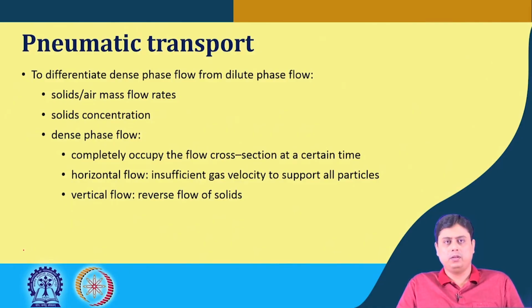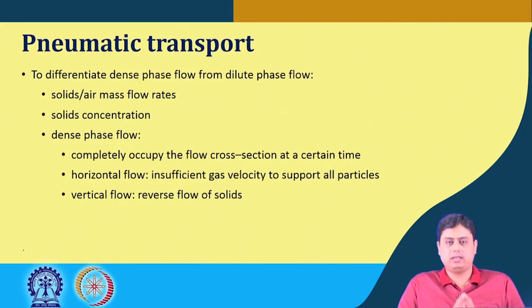So, in dense phase flow, it should occupy the whole cross section of the flow at a certain time as the flow happens. In case of horizontal flow, the gas velocity would be insufficient in dense phase flow to support all the particles to remain in suspension.